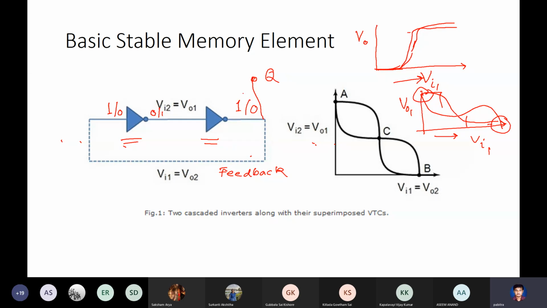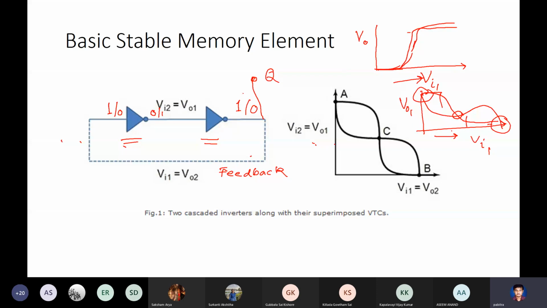Okay, and this one in between is called a metastable state, in the sense that once the value is somewhere there, it will try to move out to one of these stable states, right? But the thing is that we have two stable states.